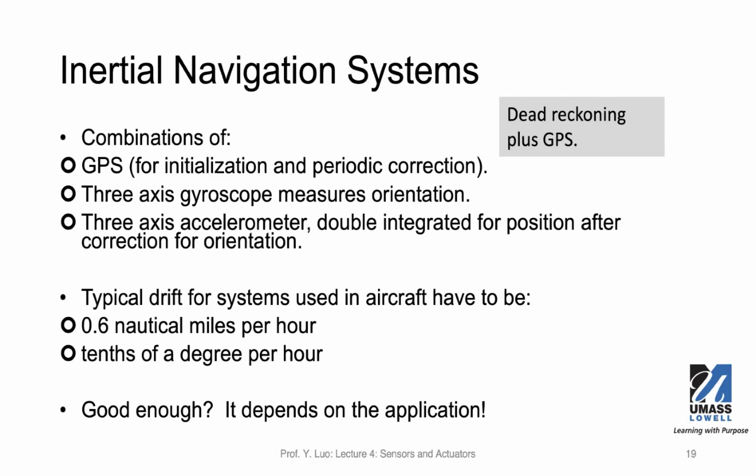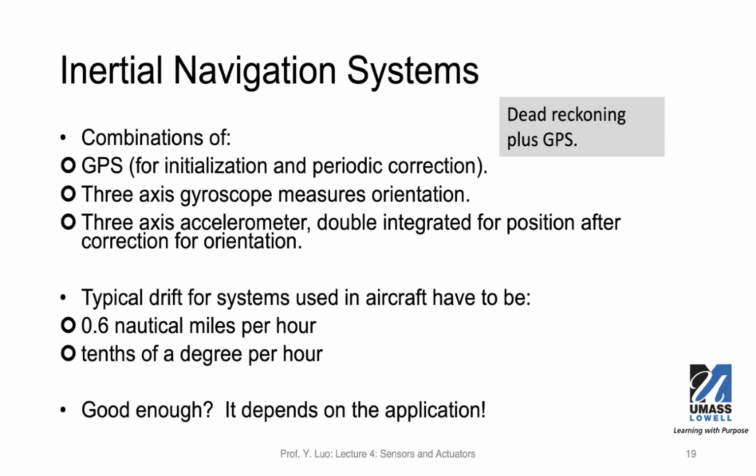Also, this system has a gyro that measures the orientation, typically with three axes. In addition to the gyro and GPS, you can find accelerometers for three axes, and it is integrated for positioning after the correction and for orientation.